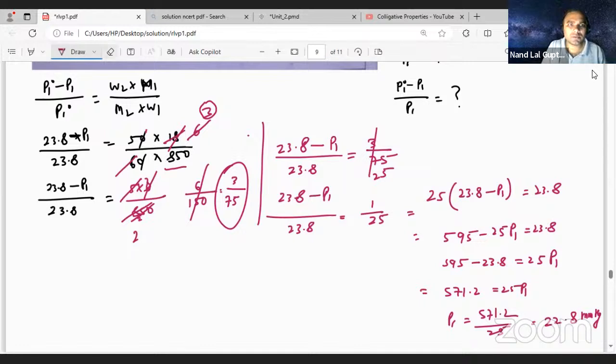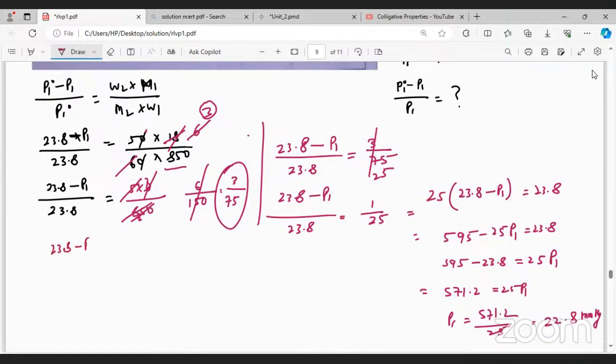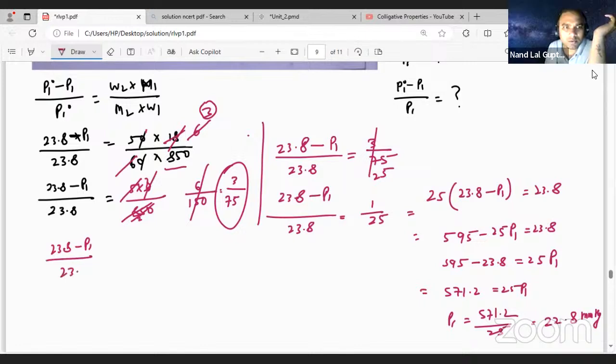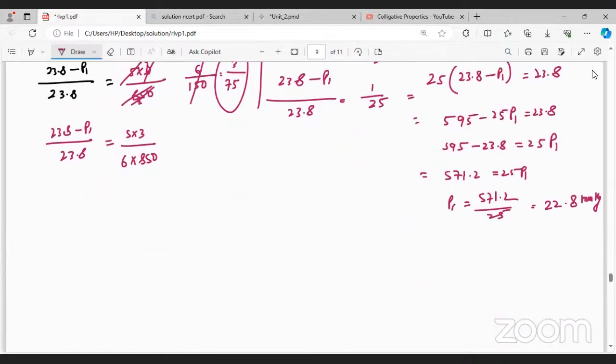Okay, let me rewrite here. 23.8 minus P1 upon 23.8 is equal to how much? 5 into 3 divided by 6 into 850. Is it okay? Yes, 3 2s are 6.